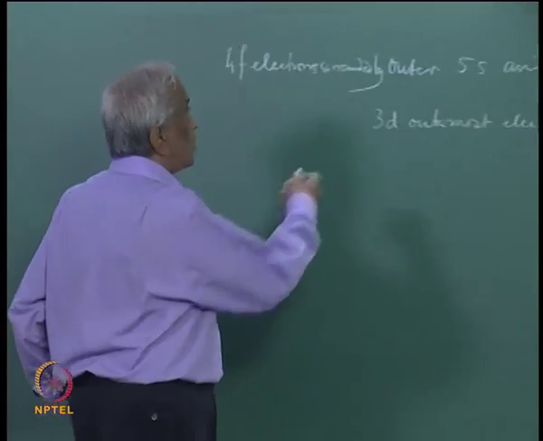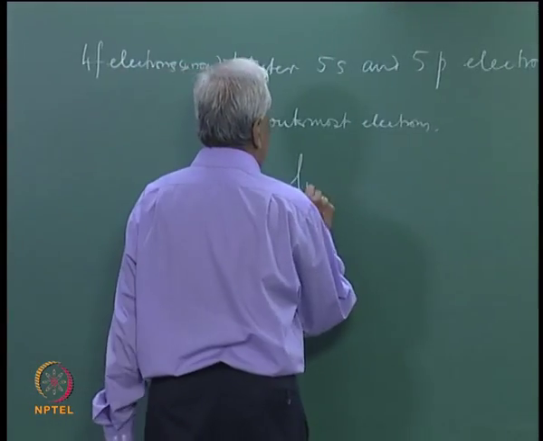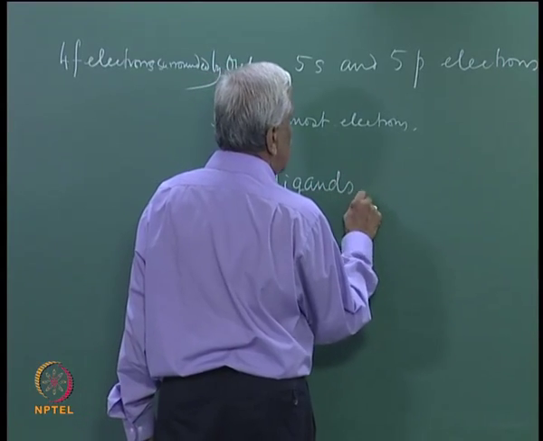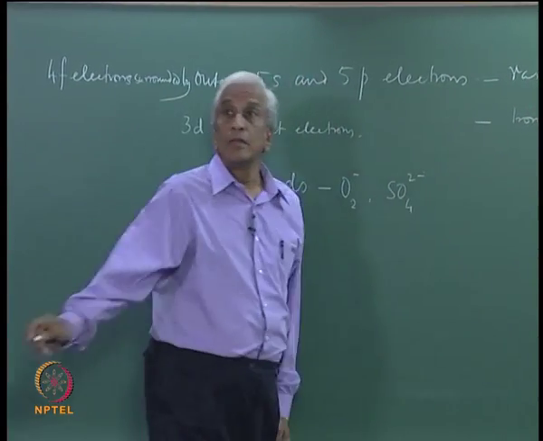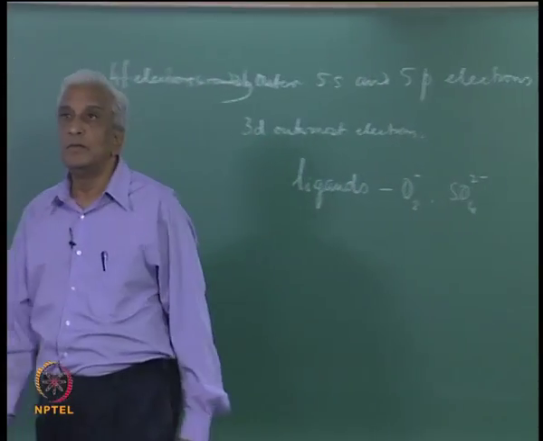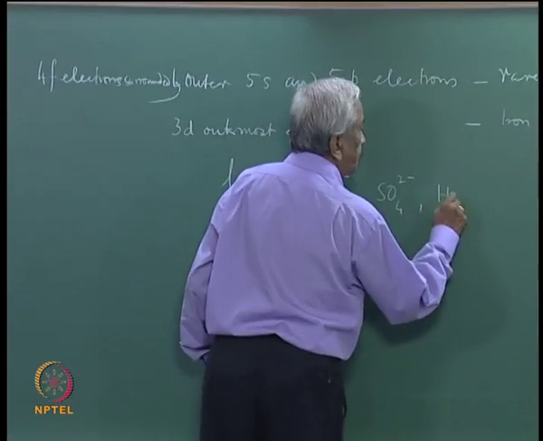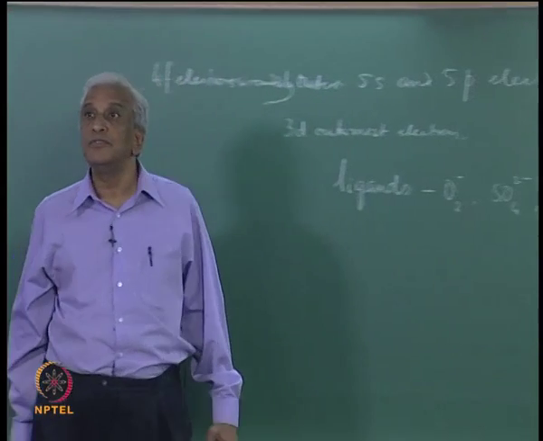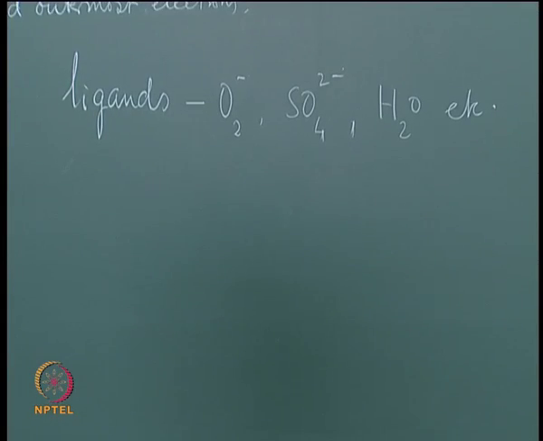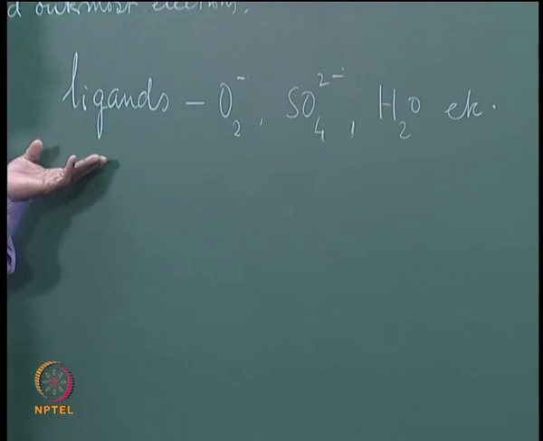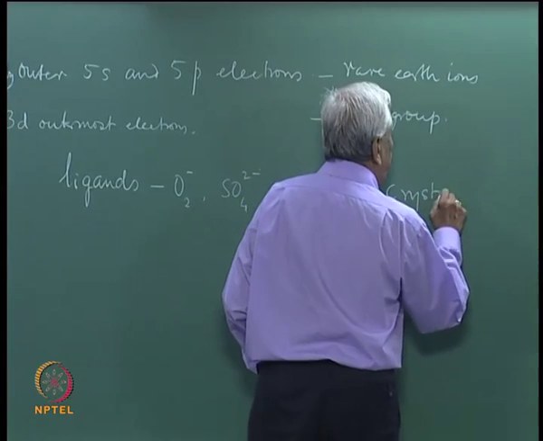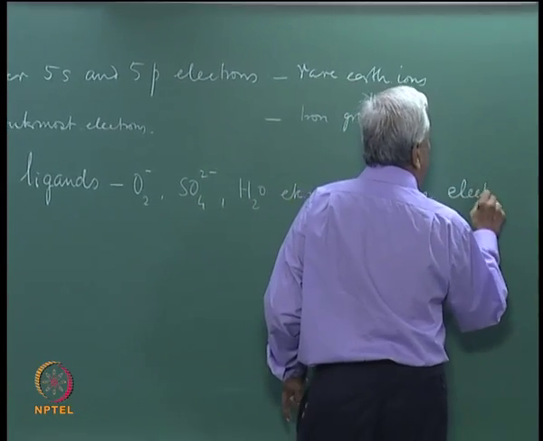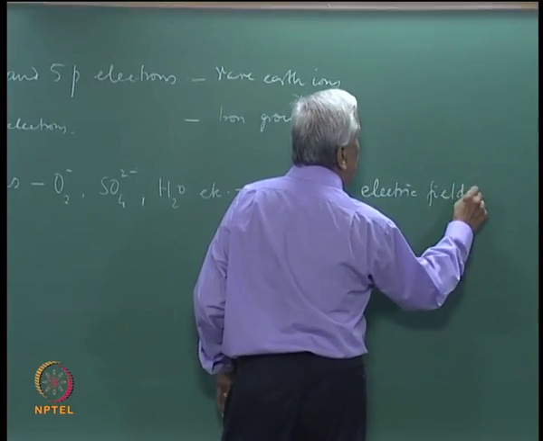And usually in all these compounds, the paramagnetic ion is surrounded by what are known as ligands, such as O2 minus or SO4 2 minus or H2O, etc. These are the ligands which surround the paramagnetic ion, and because such electric charges are present, they produce crystalline electric fields at the site of the paramagnetic ion.